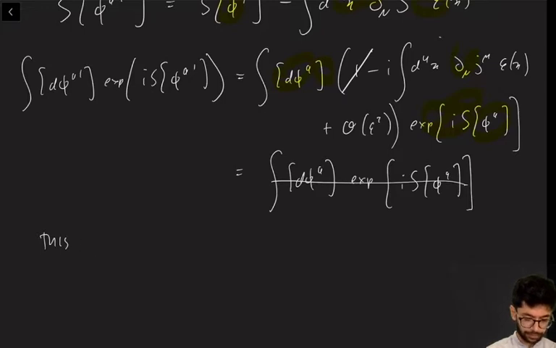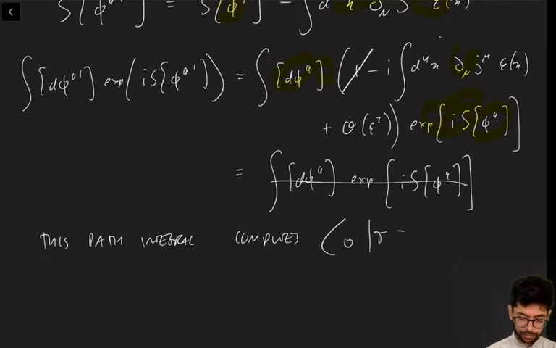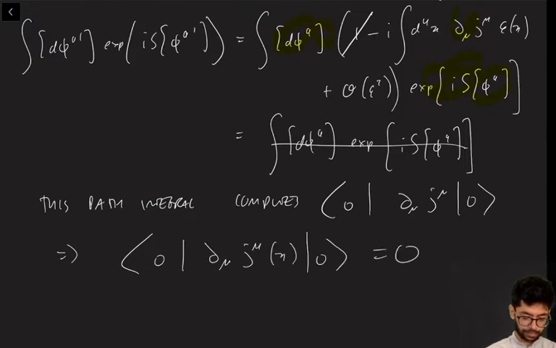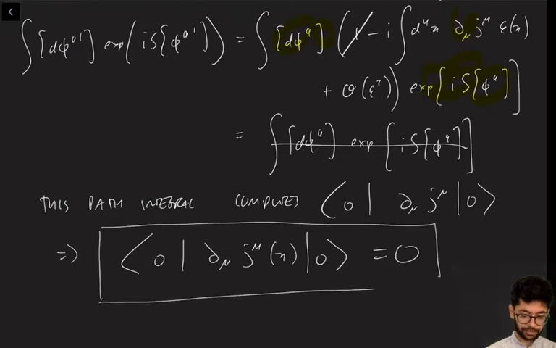So this path integral computes the time-ordered expectation value of ∂_μ j^μ. I guess there's no need to put a time order in here because there's only one operator. But this computes exactly ∂_μ j^μ from the path integral. And because this must hold for any ε, we conclude that the expectation value of ∂_μ j^μ(x) is equal to 0.